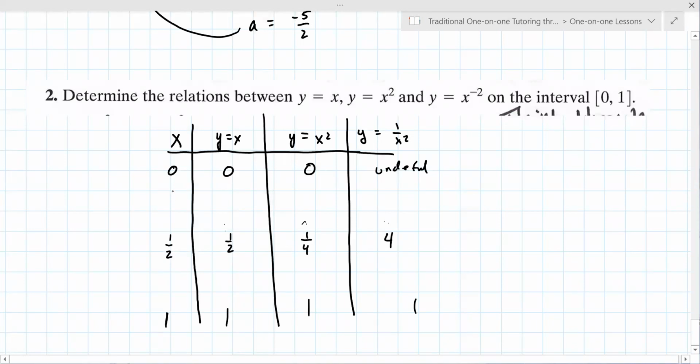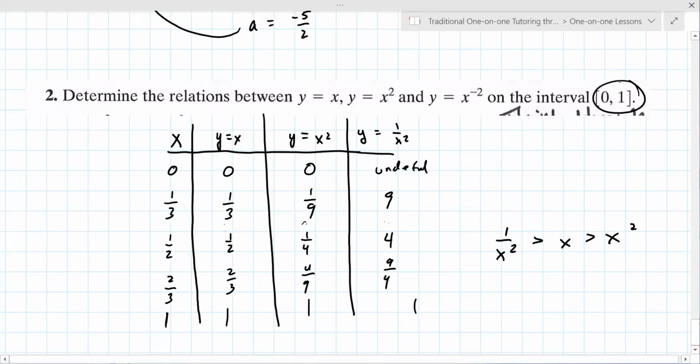Let's see if it holds for 1/3: 1/3, 1/9, and 9. It still holds. Let's try 2/3. You square the top and the bottom, 4/9, and flip that, 9/4. Again, it holds that 1/x² is greater than x, which is greater than x², on this interval.